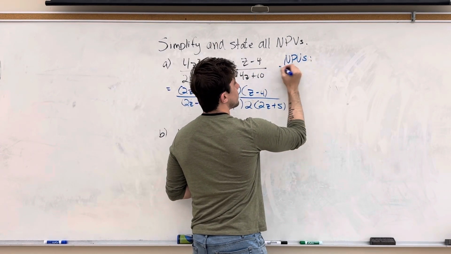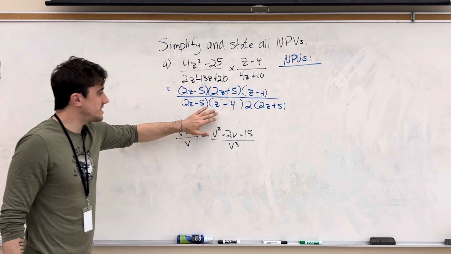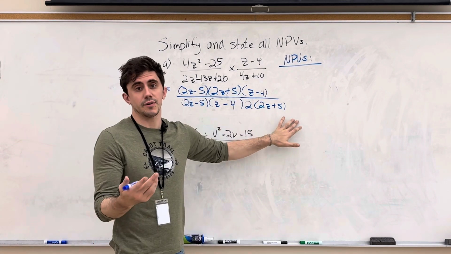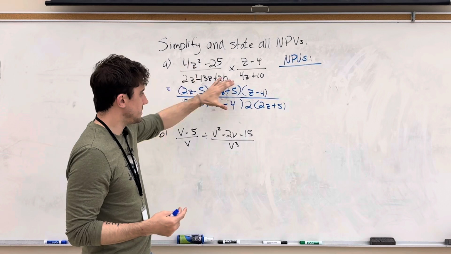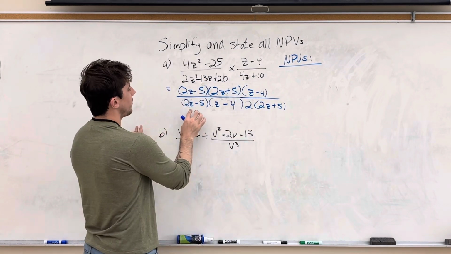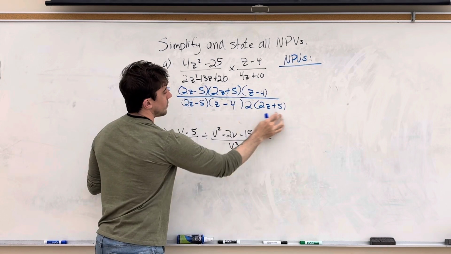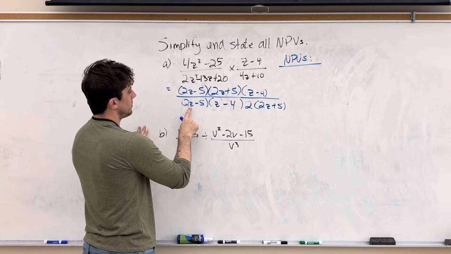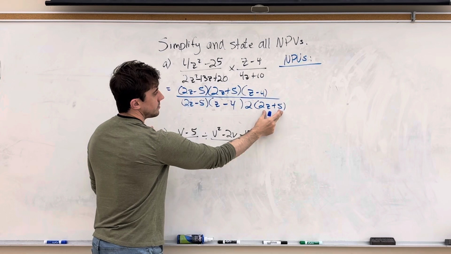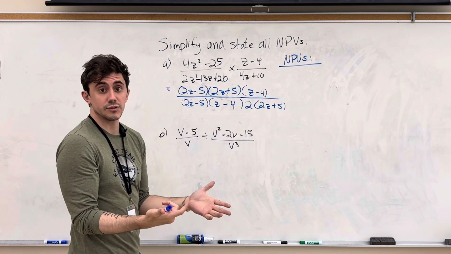Again, the non-permissible values are simply the values of z that would make our denominator have a value of 0, in which case our expression would be something divided by 0, which we can't have. And so z would render this denominator 0 if any of the individual factors were made to be equal to 0.